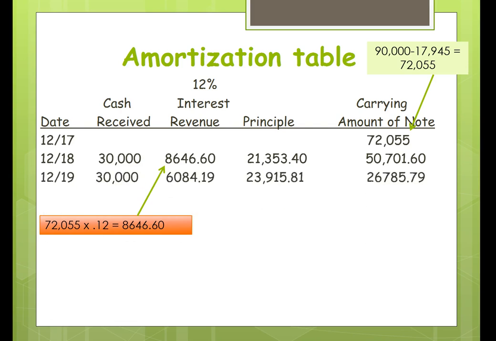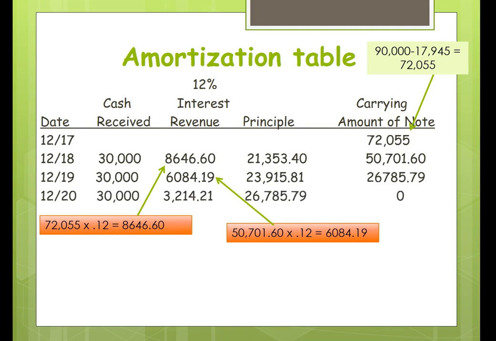The second payment, again, we're going to take the $50,701, and we're going to take that times the 12% to get $6,084.19, and then in the third year, the balance is what we're going to do. So it's just going to be the balance.